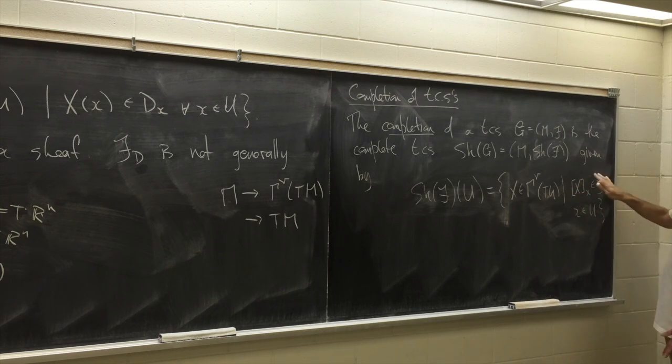So this is a vacuous condition on the set of sections. So this tells you that the sheafification must contain the set of all vector fields. And the sheafification is the smallest sheaf which contains F. So this proves that the sheafification is the set of all vector fields.